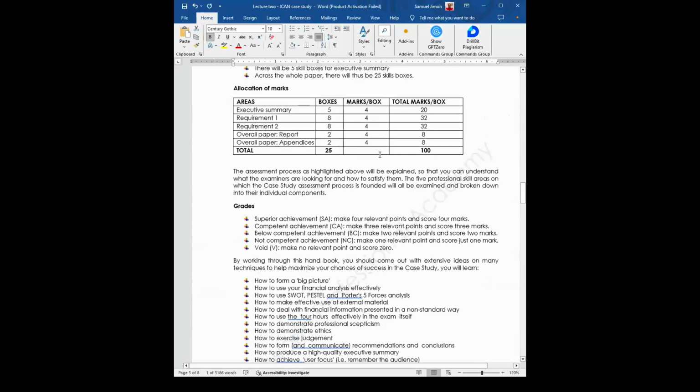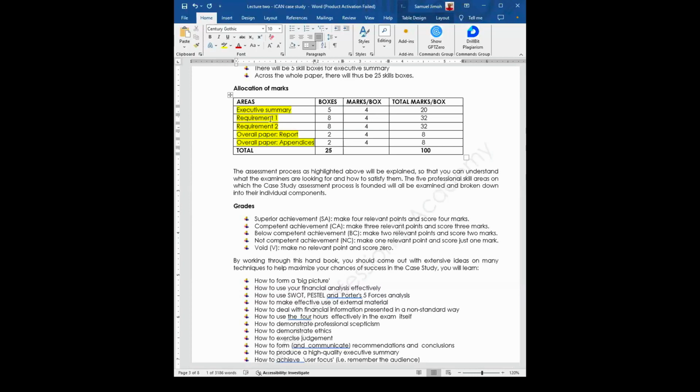Remember, I told you that your report, so here is basically different parts of your report. It means that these are the parts your report will be divided into. Your report will be divided into these 5 parts.